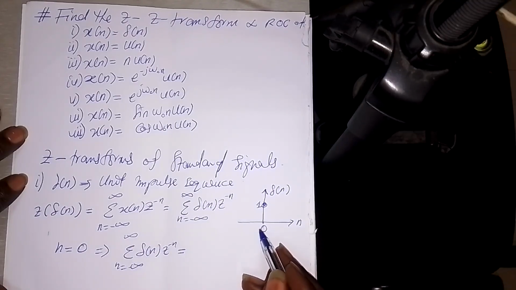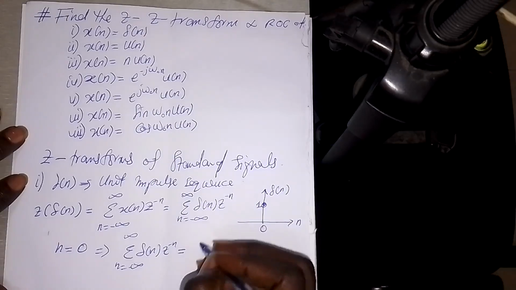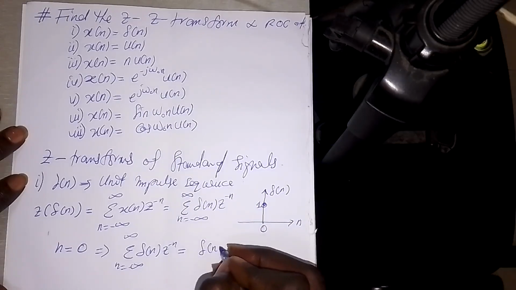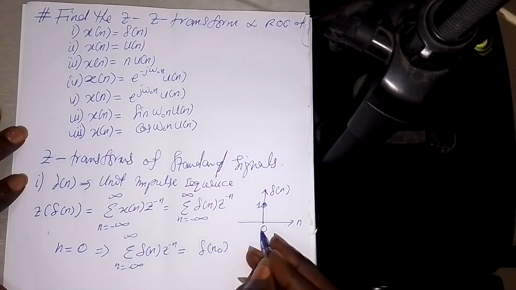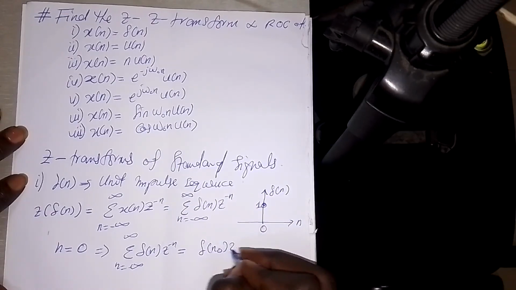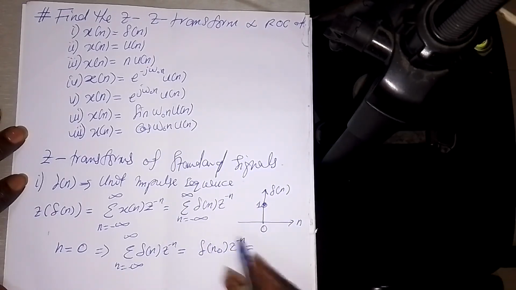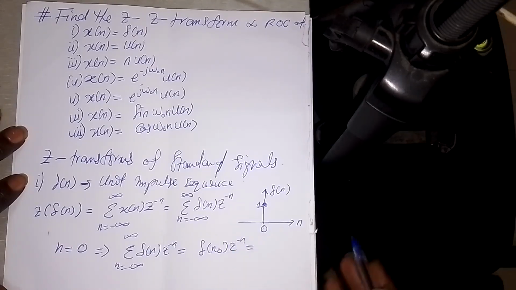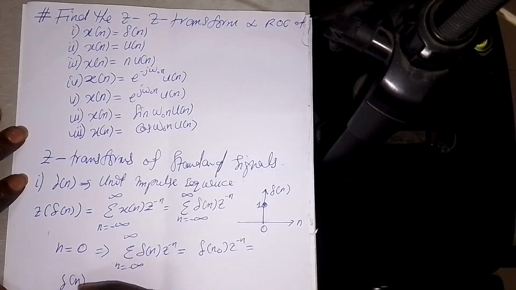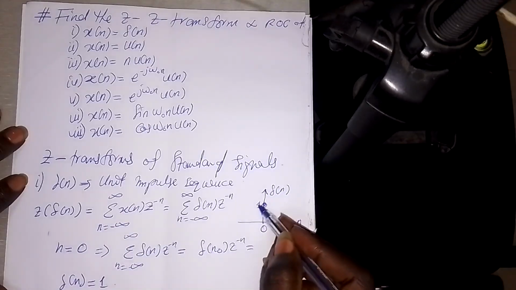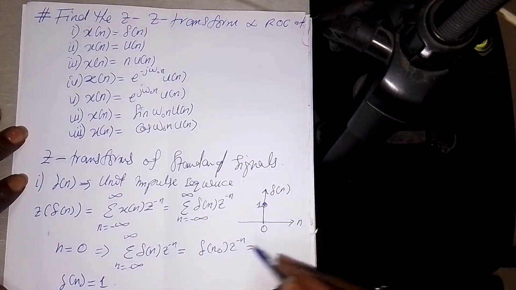So I can say delta of n at 0 into this term, and I know that delta of n is equal to 1 at this place. So the whole of this is equal to 1.